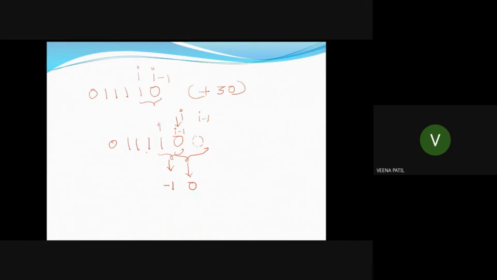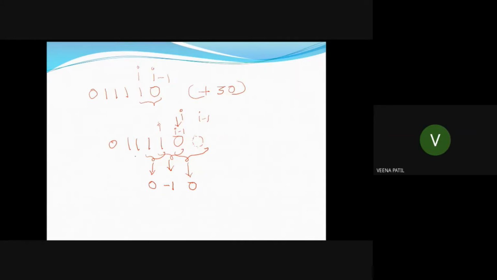Now my next two bits, I have to just shift towards left by 1 bit position. So next ith bit and I minus 1th bit, can anybody tell me what it will be? Both are 1, 1. Yes, both are the same, so the new value is 0.